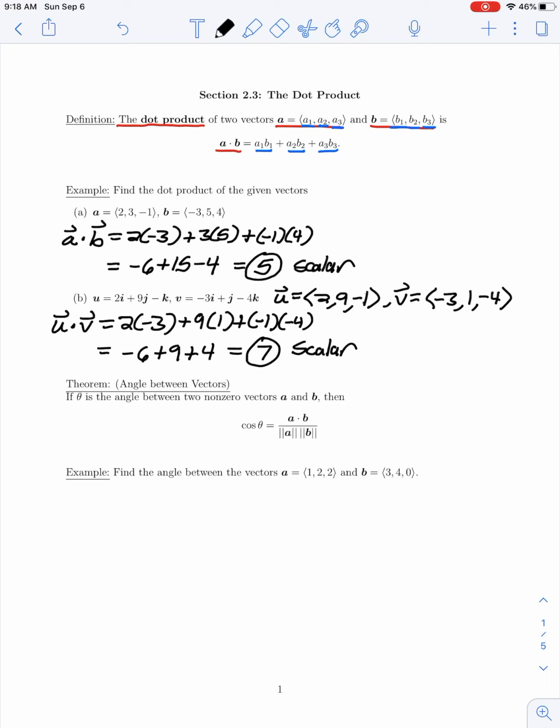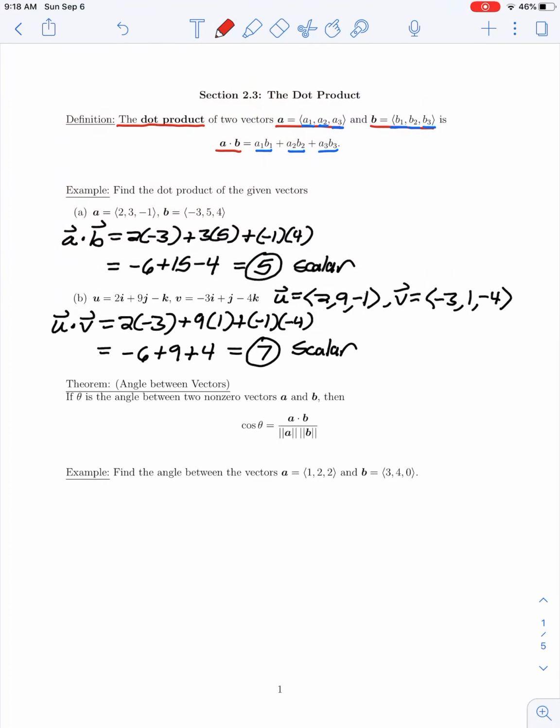So how can we make use of this dot product? And how might we associate the dot product with some sort of geometric interpretation for our vectors? So we can make use of the following theorem, which illustrates that the dot product is related to the angle between two vectors.